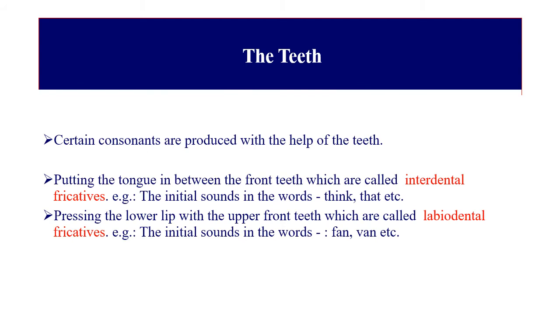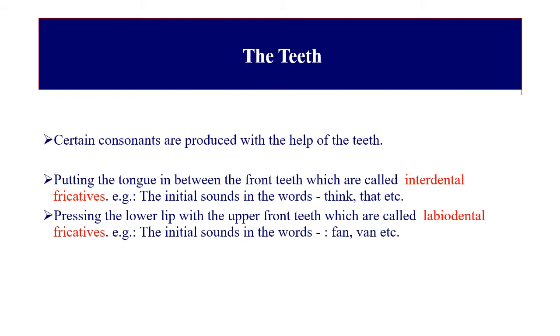Then there are labiodental fricatives like f and v. They are produced by pressing the lower lip with the upper front teeth. So this is how the teeth also play an important role in the production of the speech sounds.